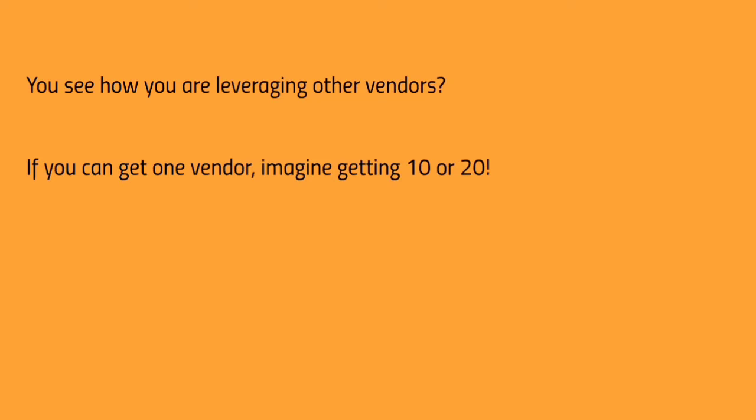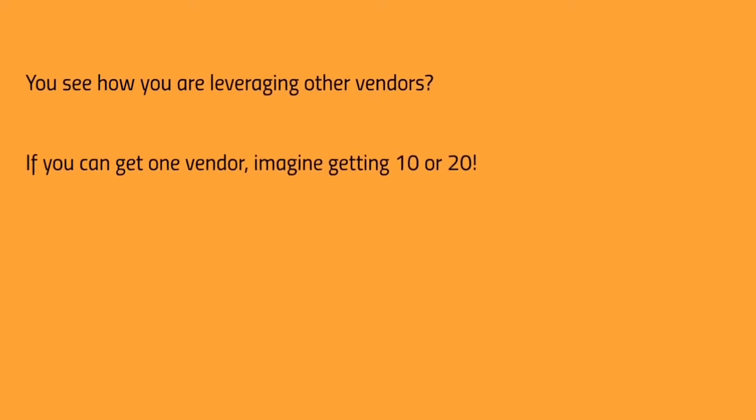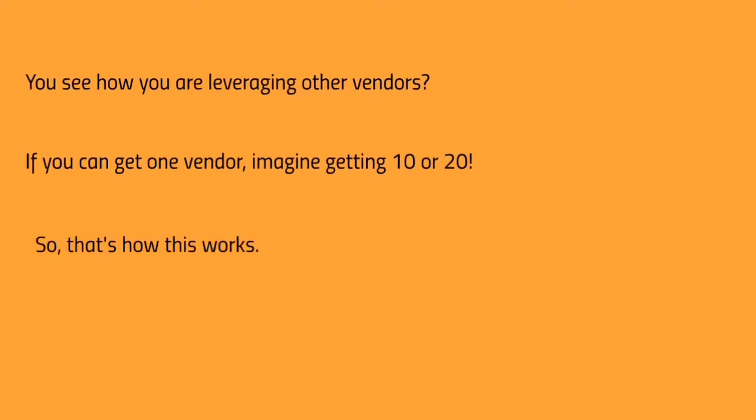So imagine if you're getting 3 or 5 subscribers from each vendor, you could have anywhere from 10 to 50 different people coming to your list every single day. And these are people that are customers. So soon you will have a list of 100 people, and these 100 people will convert at a higher rate as long as you provide them with high value. So this is basically how this works.